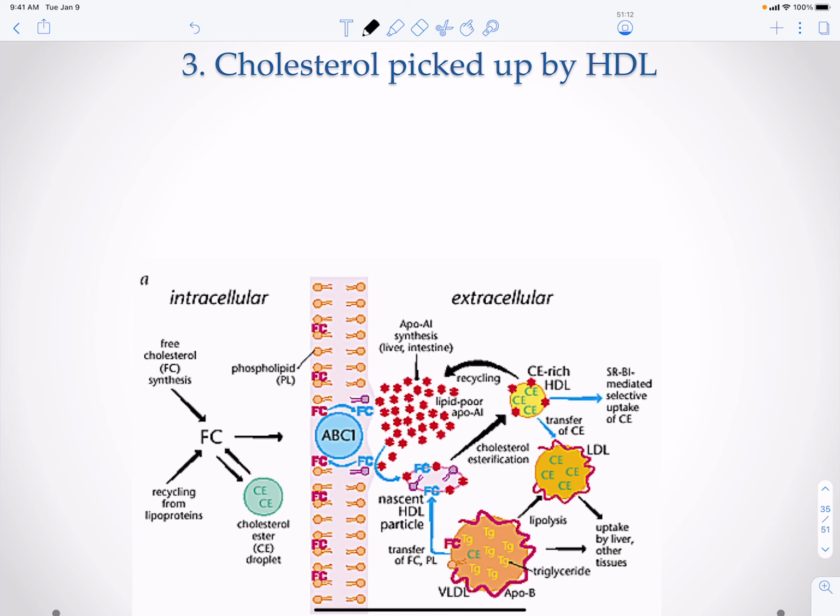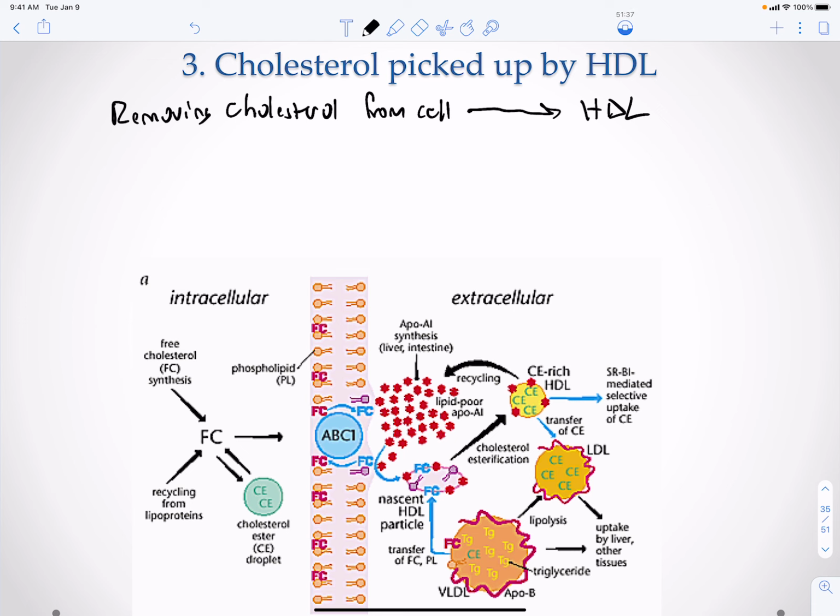So you want removal of cholesterol from the cell, and then you want to transfer that to the lipoprotein. In this case, it's going to be high-density lipoproteins.